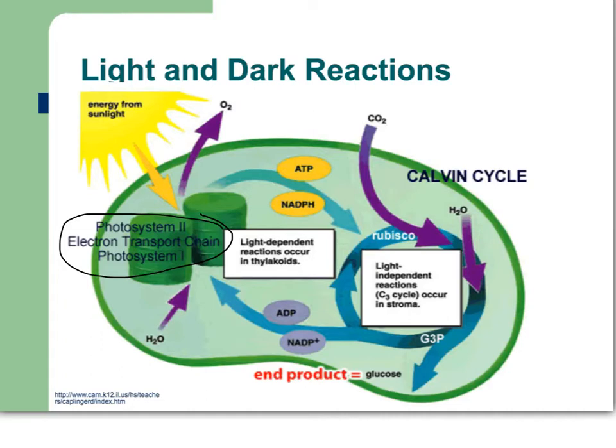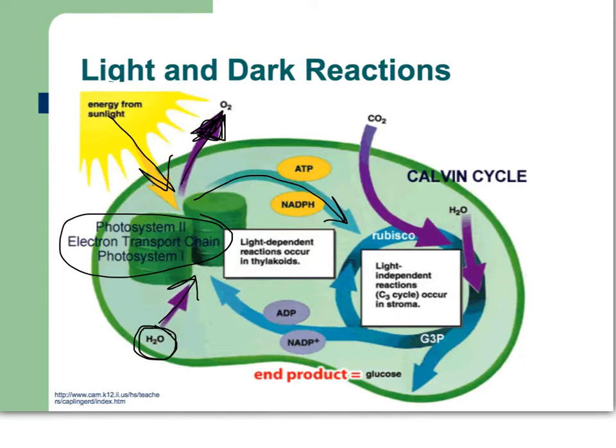You have your energy from the sun coming in, water coming in. Water is being split, and that splitting of the water is giving off ATP, and then you have oxygen as a byproduct. So oxygen is actually coming from water. That's very important to know.